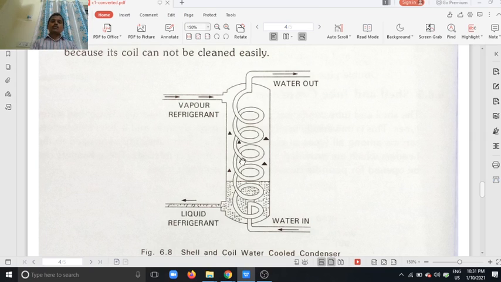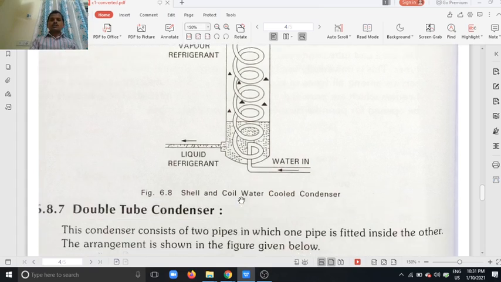The cooled water absorbs the heat from the refrigerant, its density decreases, and it is converted into warm water and moves upward. The vapor refrigerant is converted into liquid refrigerant and collected at the bottom. That is the shell and coil type condenser.